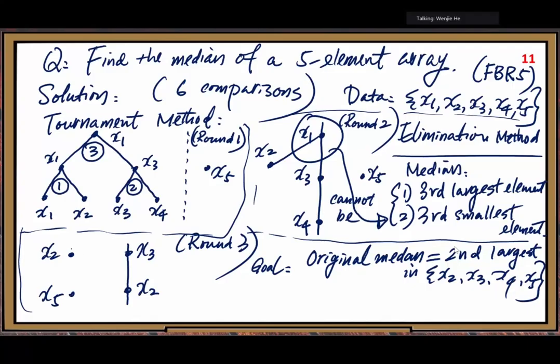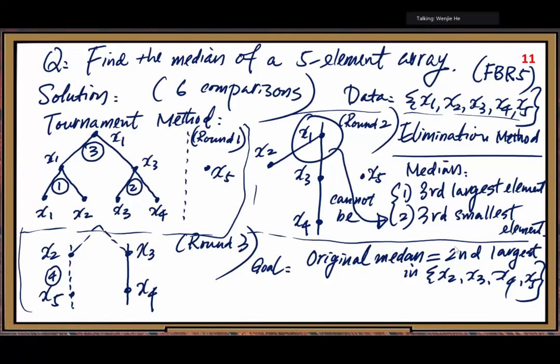So then our comparison number 4 is between x2 and x5. This is comparison number 4, not 2. Then the 5th comparison is between the two winners.